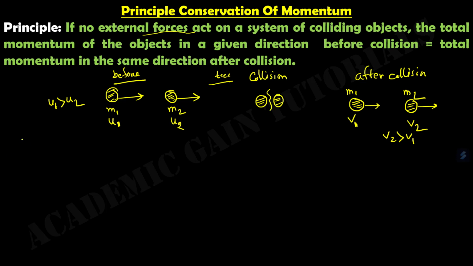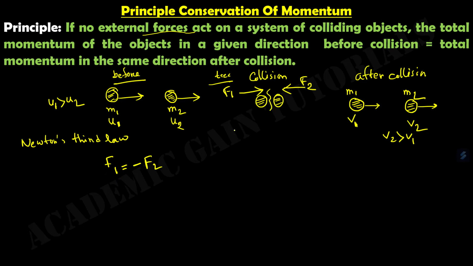If we apply Newton's third law, then we know every action has an equal and opposite reaction. So if m1 exerts an F1 force, then this m2 object will experience an F2 force in the opposite direction. By the help of Newton's third law, we can say that F1 will be equal to F2, but they are opposite, so we will have to use a minus sign.